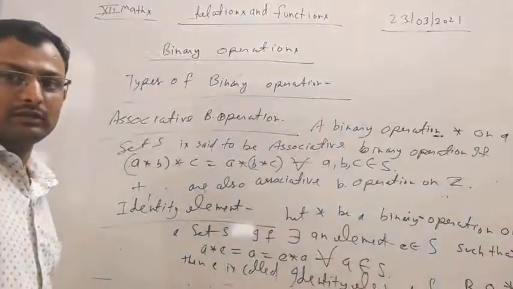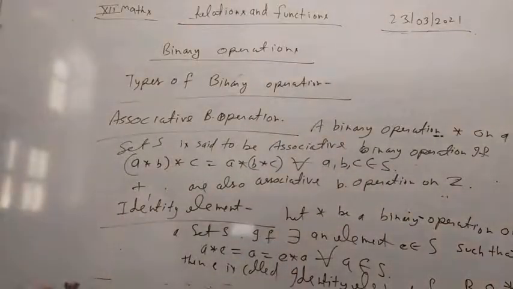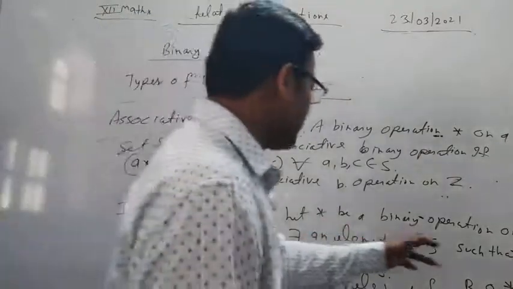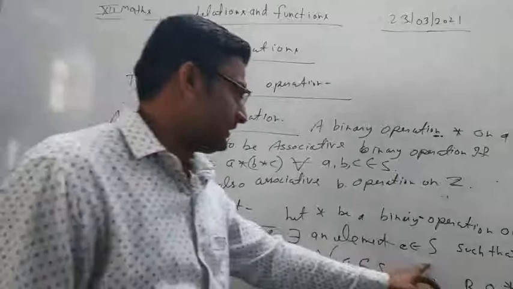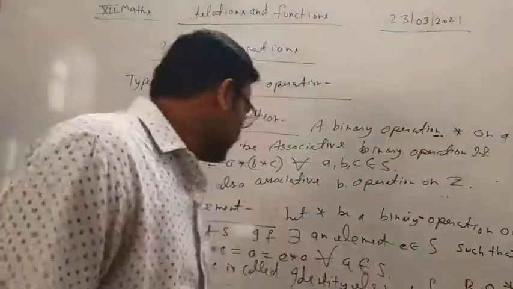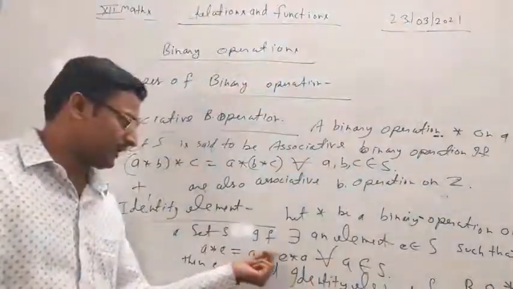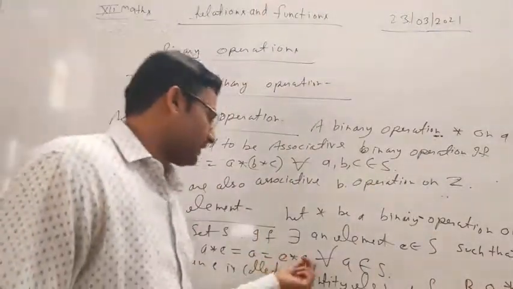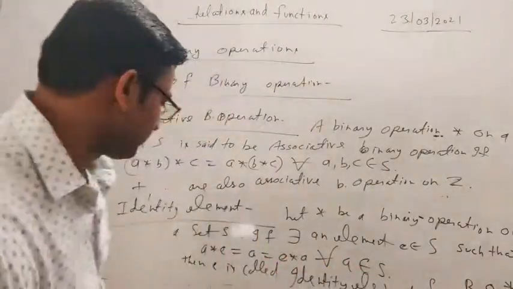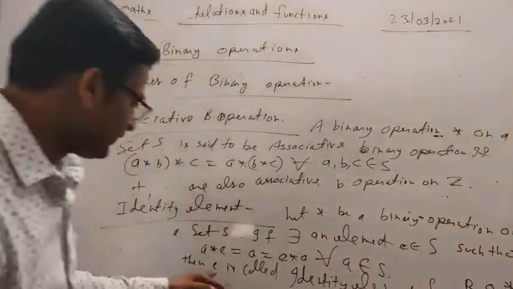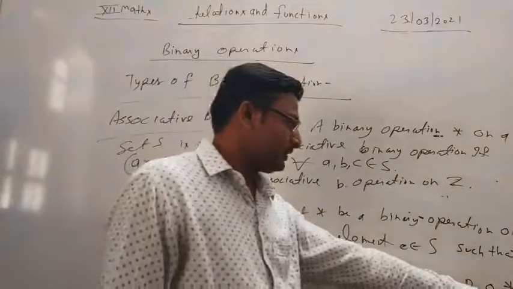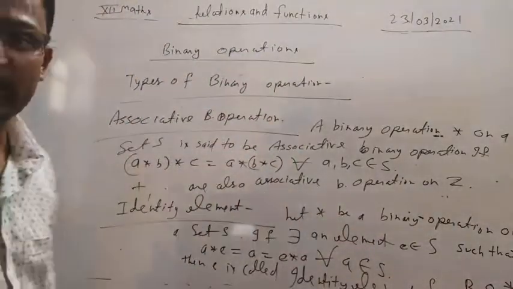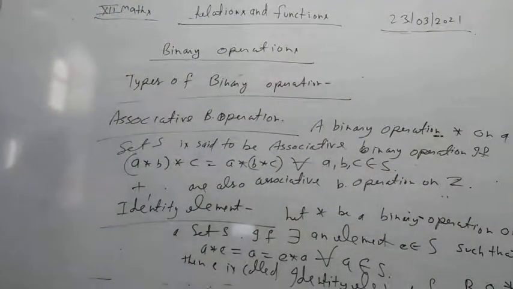So, students, let star be a binary operation on a set S. If there exists an element E belongs to S such that A star E is equal to A and is equal to E star A for all A belongs to S, then this E is called the identity element for binary operation star on S. Okay. So students, 0 is the identity element.